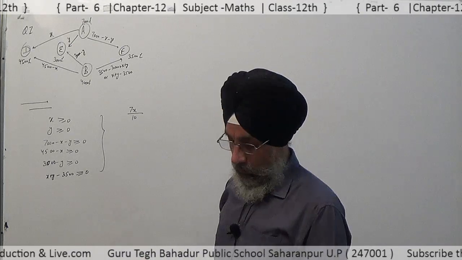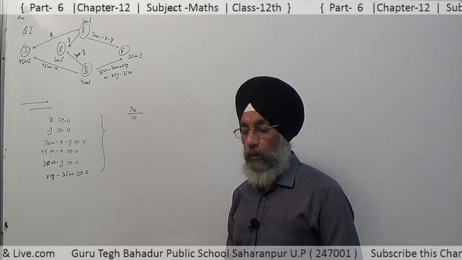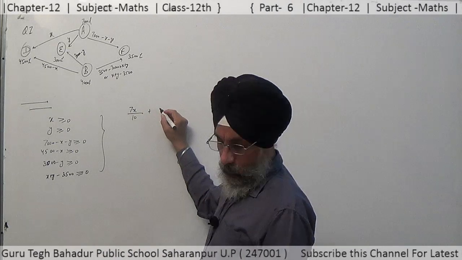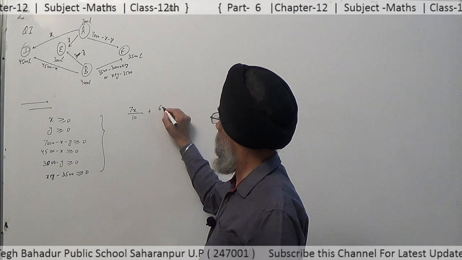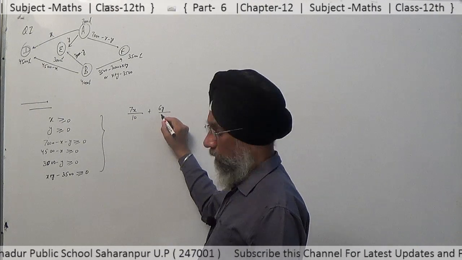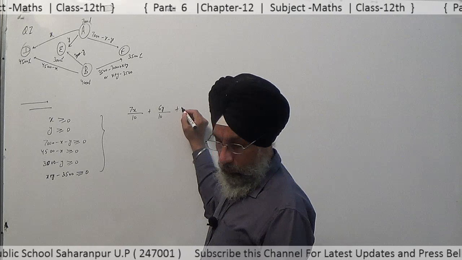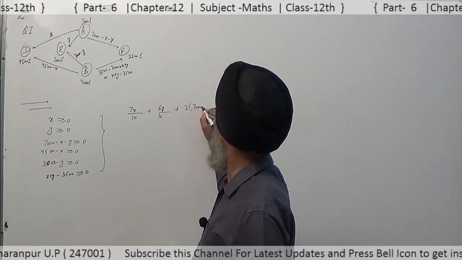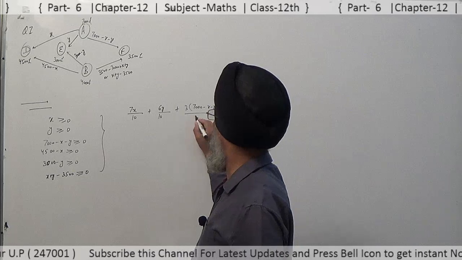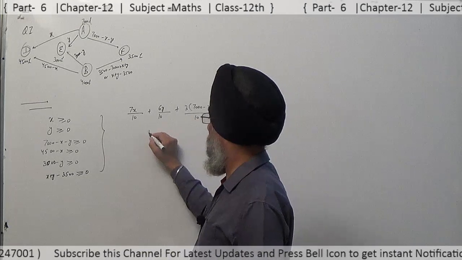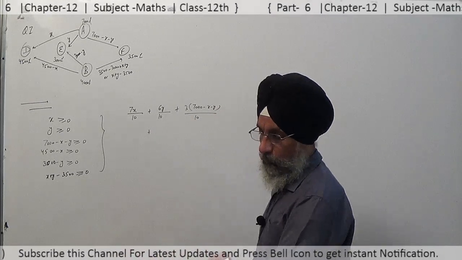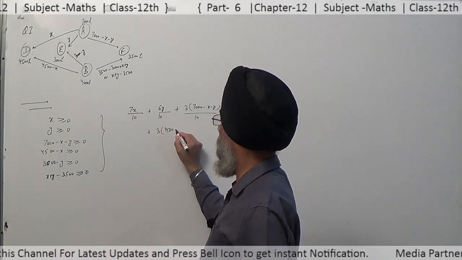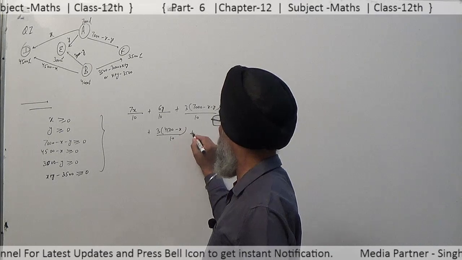From A to E the cost is 6y upon 10, then from A to F it is 3 into (7,000 minus X minus Y) upon 10, plus from B to D it is 3 into (4,500 minus X) upon 10.